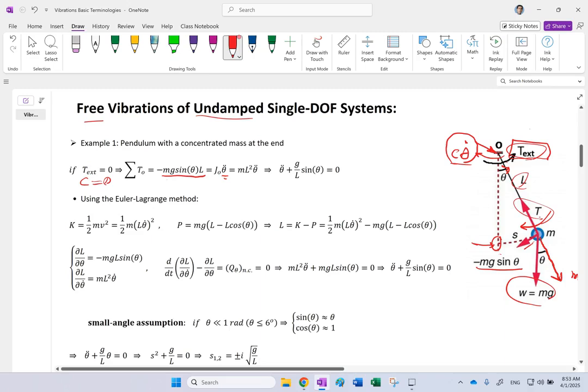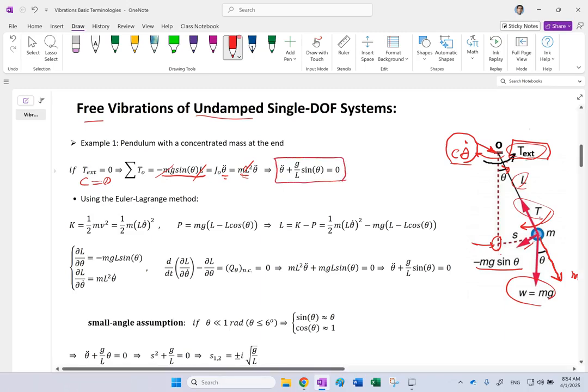Now, if the mass is concentrated at the end and the rope has no mass, then the polar moment of this mass about the point O is simply mass times distance squared. So it's going to be mL squared. And from both sides, you can get rid of one m and one L. And your equation is going to be theta double dot plus g over L sine theta equals 0.